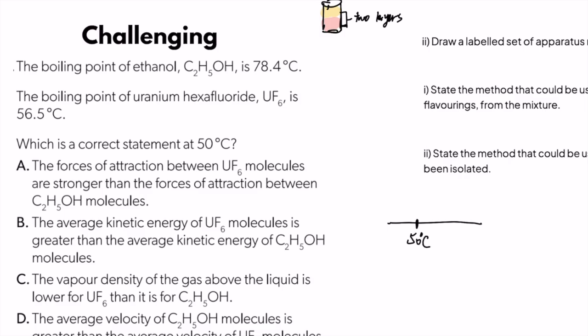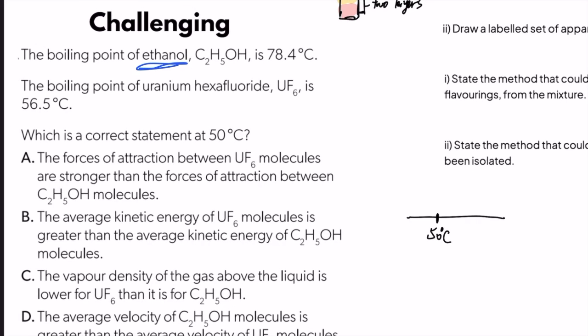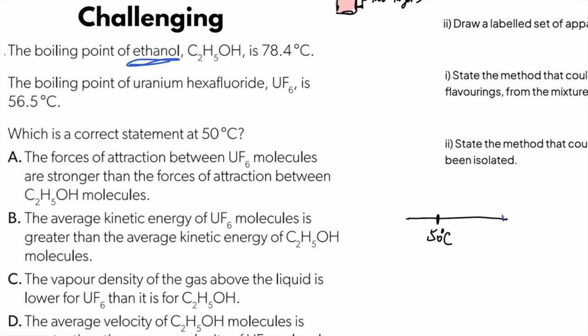The boiling point of ethanol, I'm going to write ethanol in blue, is 78.4 degrees Celsius. So what this means is that prior to this, ethanol would be a liquid, and after this, ethanol would be a gas.